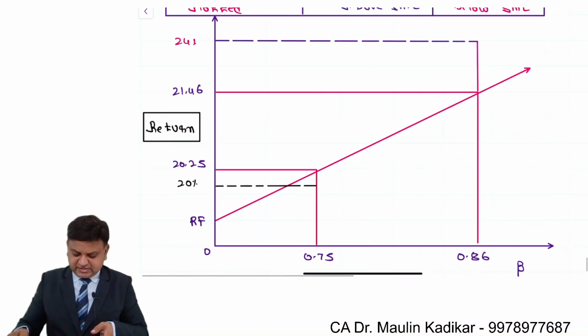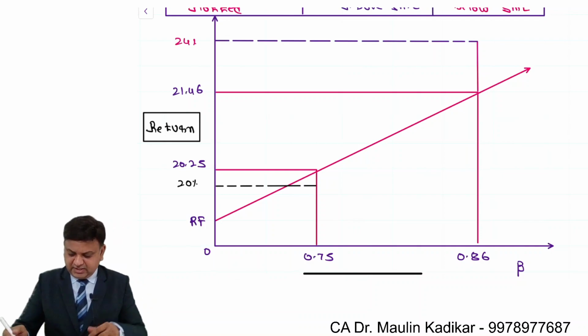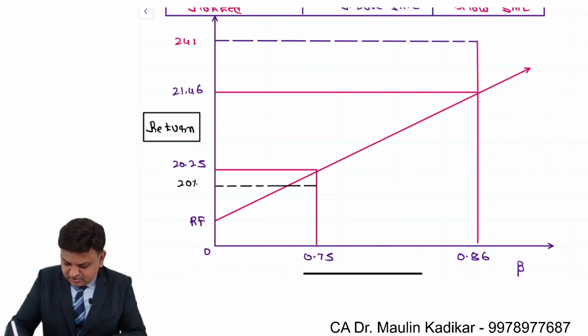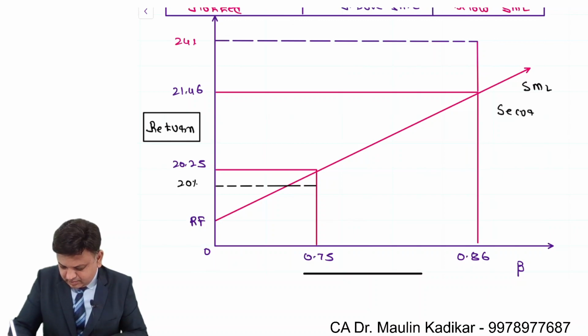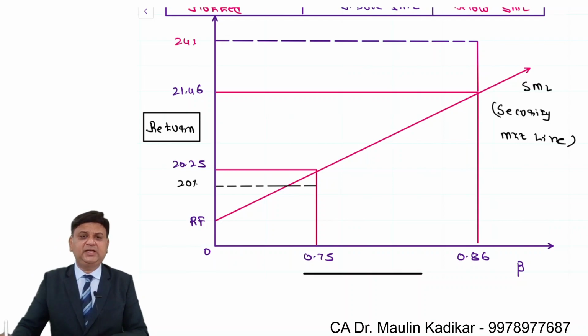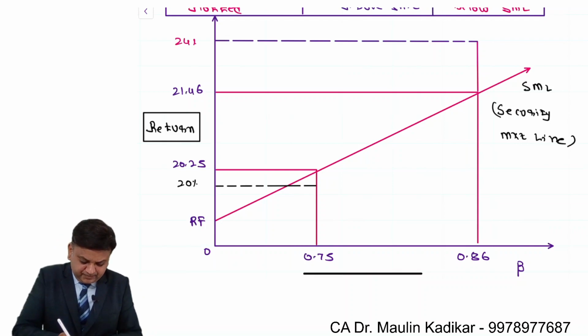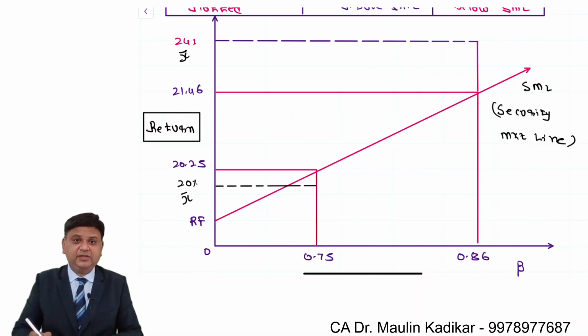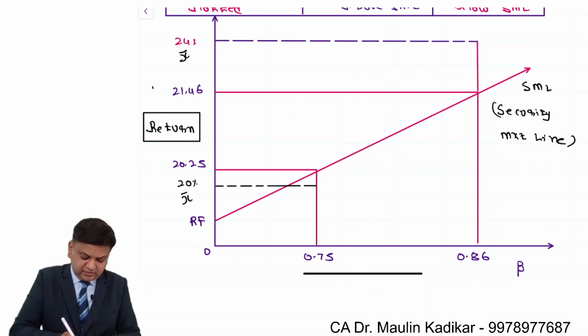This line is given the name SML, security market line. This dotted line is basically indicating the mean return, that is X bar, and the line without dots is indicating the required rate of return.